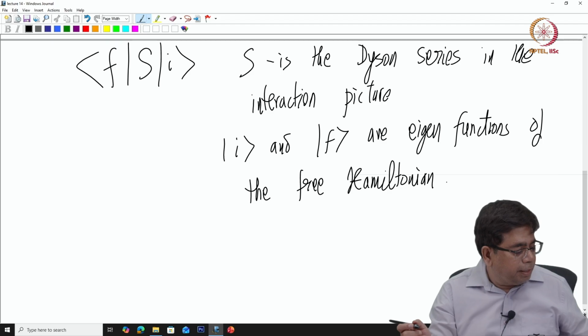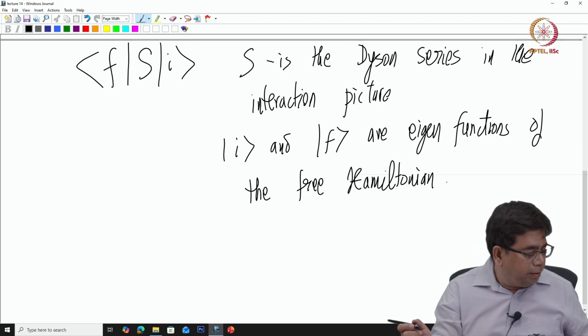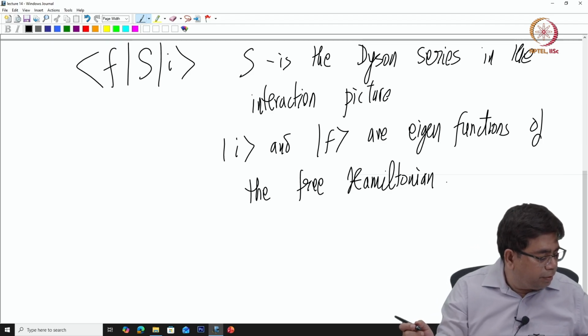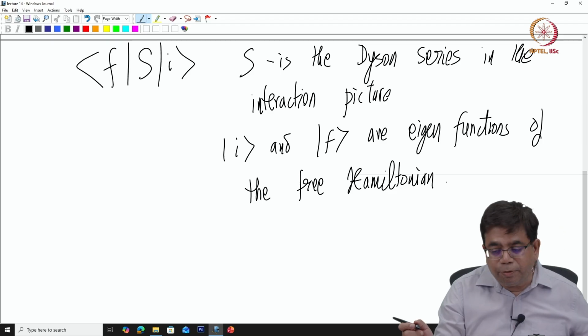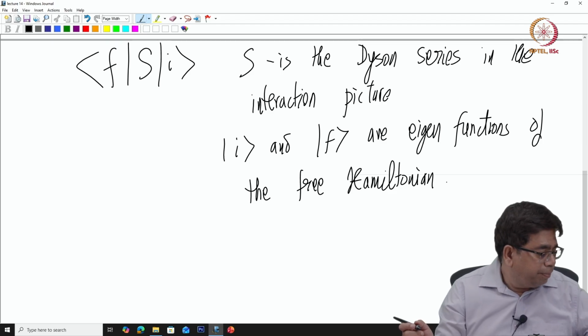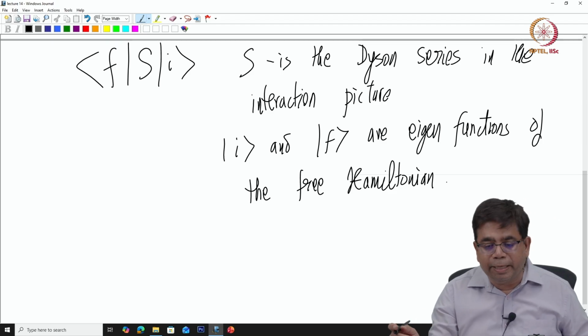Okay, it is the same thing essentially, and then we wrote this down in terms of simple examples of meson decay and so on. So we wrote some examples.